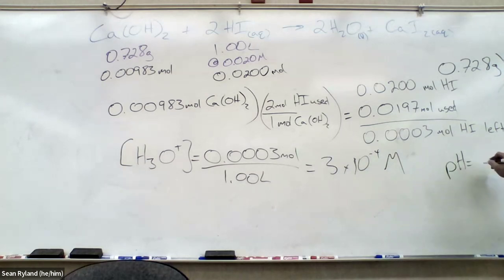So pH equals negative log of 3 times 10 to the minus 4. We go from there. If this was just a what's the pH at the end question, we'd be done.